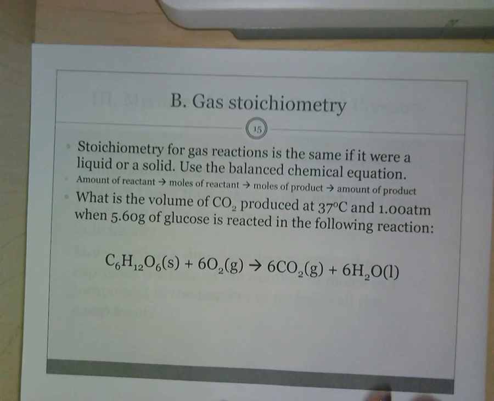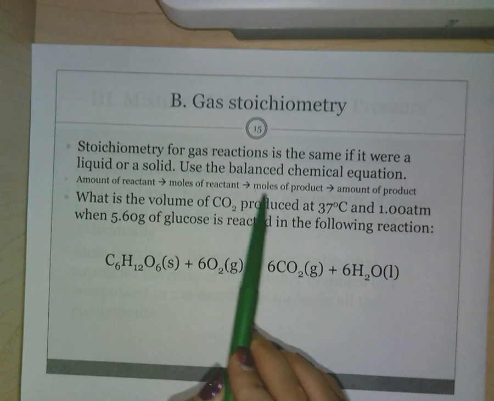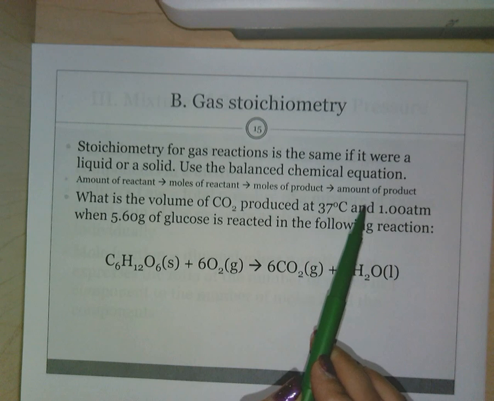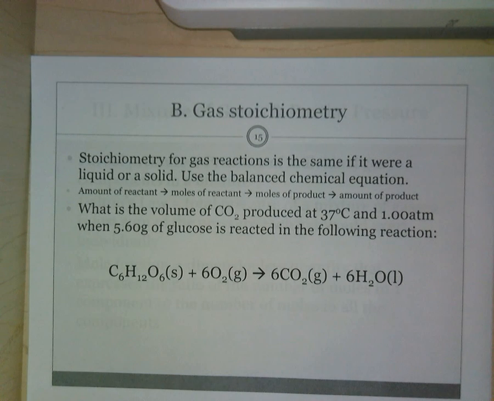So stoichiometry for a gas reaction is the same as if it were a liquid or a solid. We'll use the balanced chemical equation to solve for unknowns. And just as a reminder, in case you forgot: amount of reactant, convert to moles of reactant, convert to moles of product, convert to amount of product is our general way to do that. Just review, just in case you've forgotten.